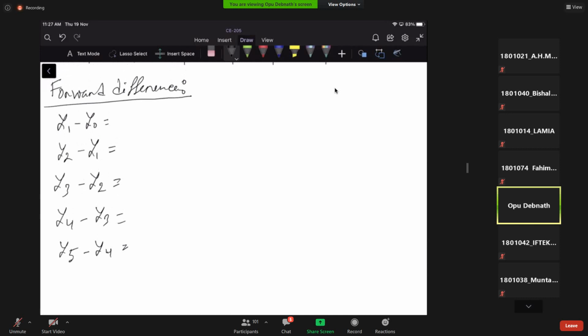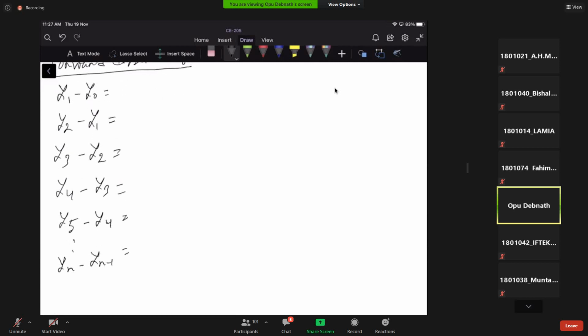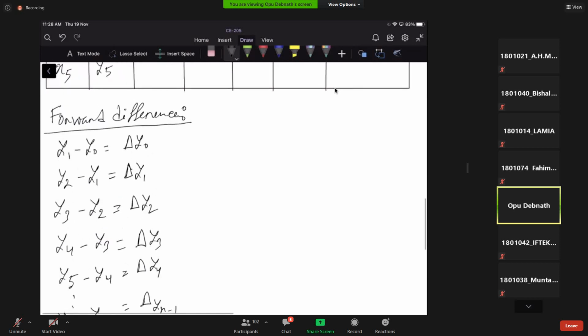So we simply subtract each value of y from the preceding one, and it can go up to yn minus yn minus 1. These are called the first differences and will be denoted by del y0, del y1, del y2, del y3, del y4, up to del yn minus 1.